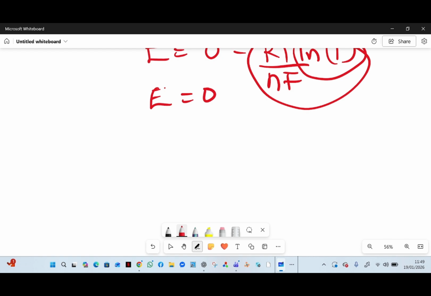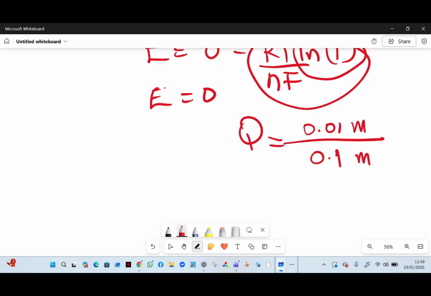So for the system to do work, Q should have a lower concentration at the anodic side, let's say 0.01 molar, compared to the cathodic side, because that's the reactant side. So that would be 0.1 molar.